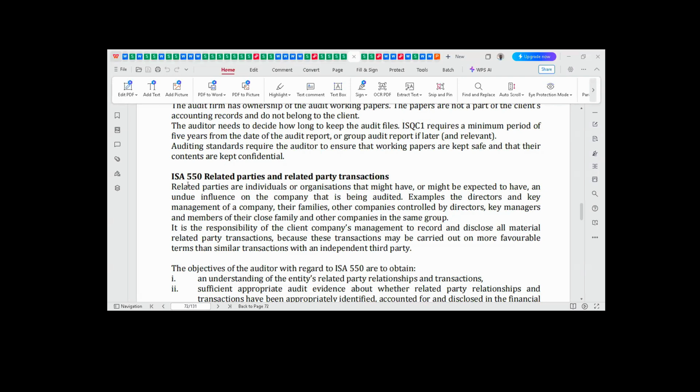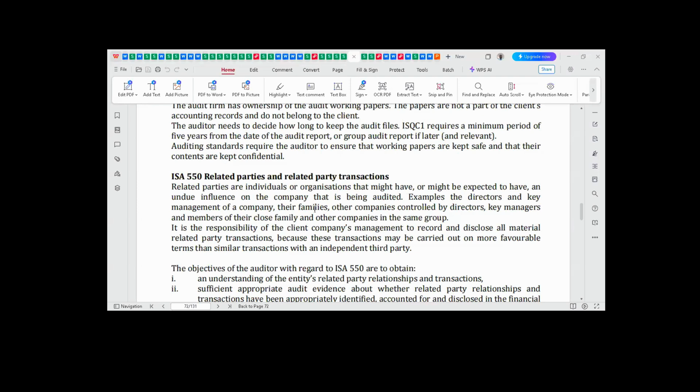All right, thank you. So what you need to note here, I'm still going to explain more, but the essence of this standard is that in audit, it is believed that it's not a crime.